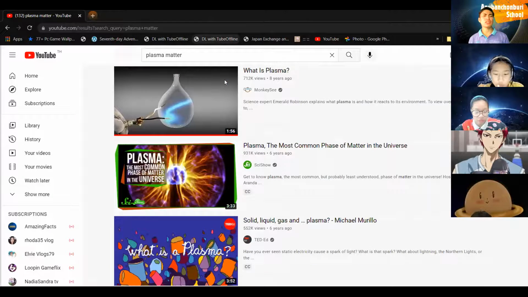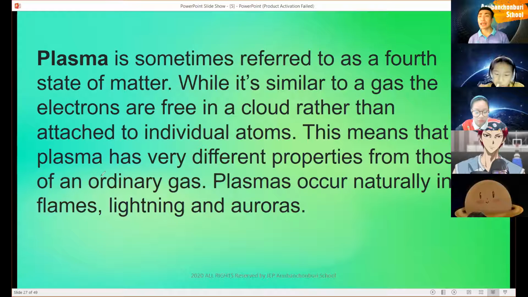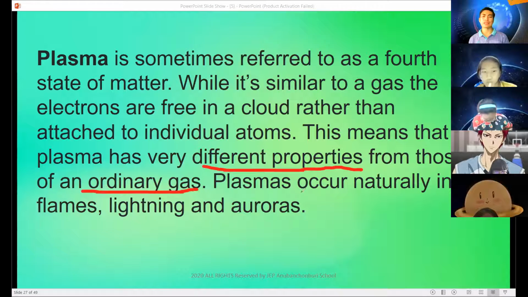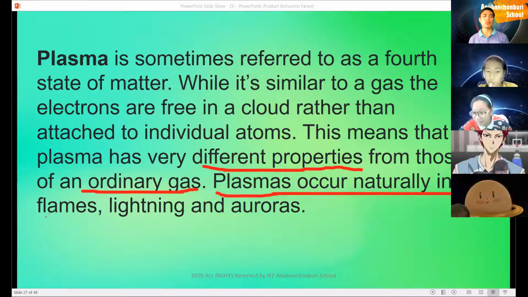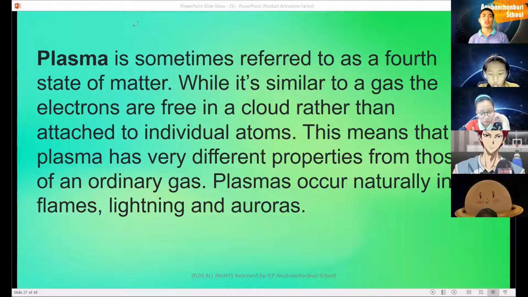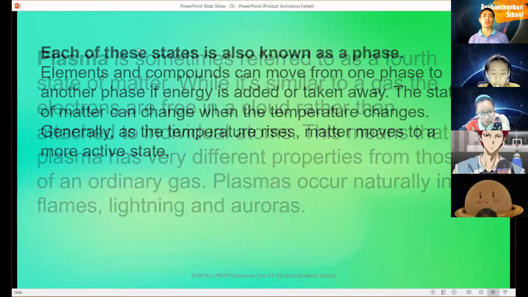So it is like a gas, but it is not a gas. It has different properties from an ordinary gas. Plasmas occur naturally in flames, lightning, and auroras, like the aurora borealis I showed you.